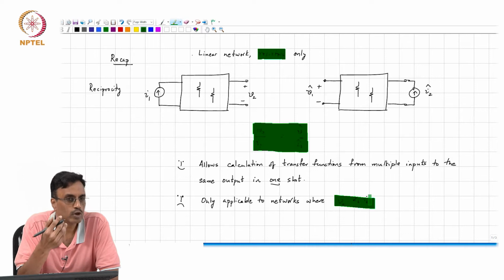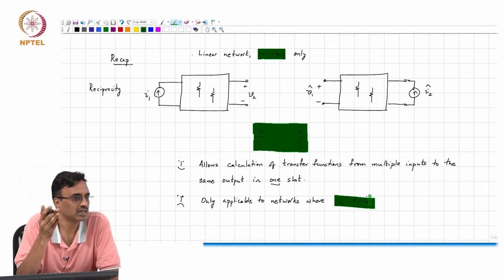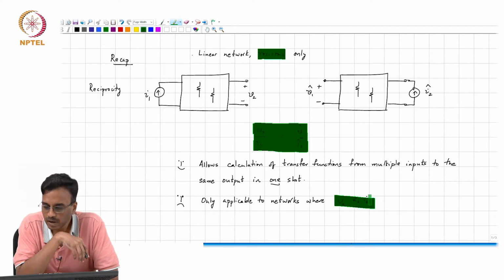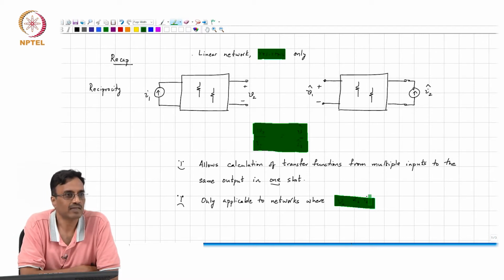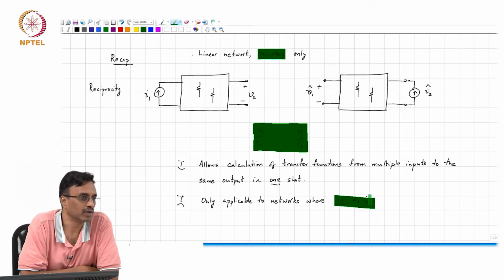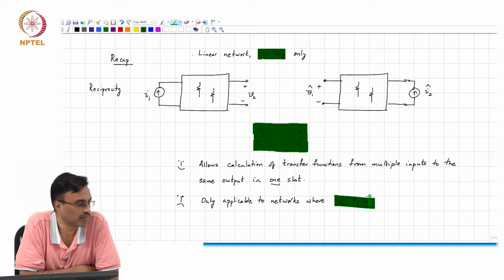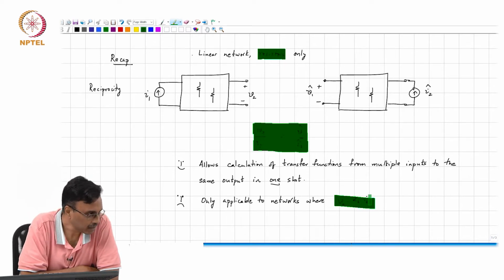This way you solve the network only once, but in one shot you get all the transfer functions that you want without having to evaluate the network multiple times. That is one of the practical uses of reciprocity.